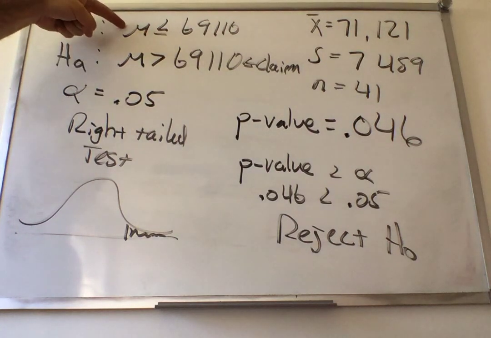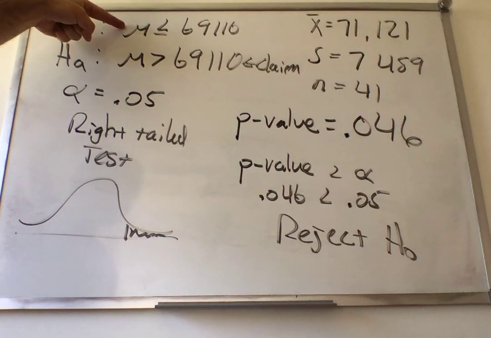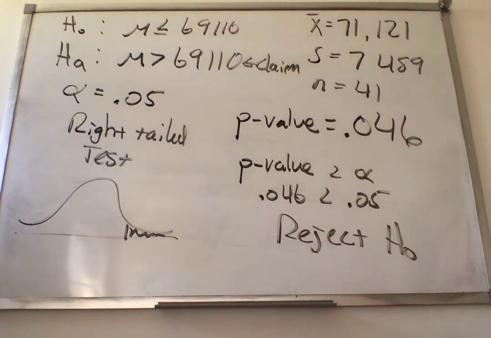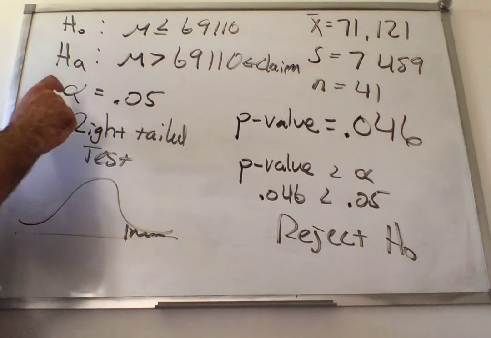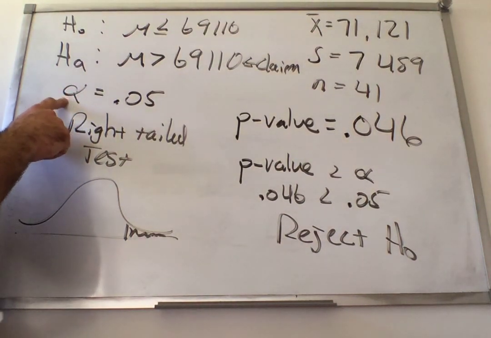Now, if this one was our claim, we would say there's not enough evidence to support our claim. Okay? Now, before I go ahead and erase this and write our conclusion, let's talk about an interesting point. They didn't give us an alpha value. We picked our alpha value here.